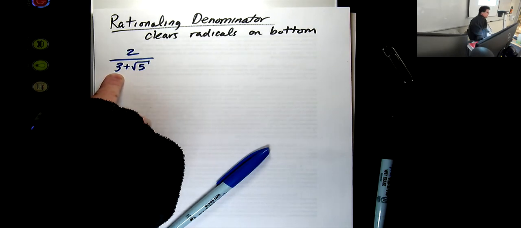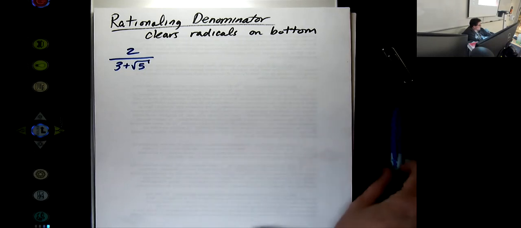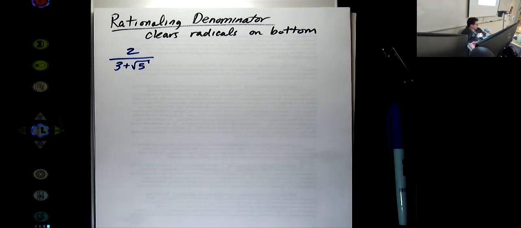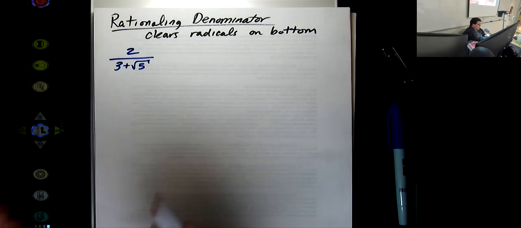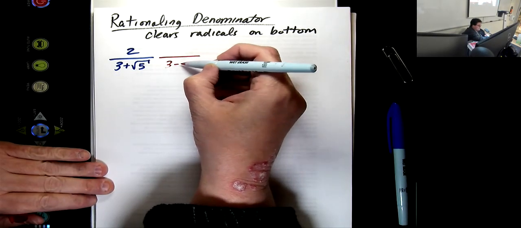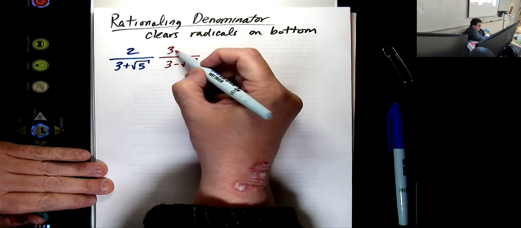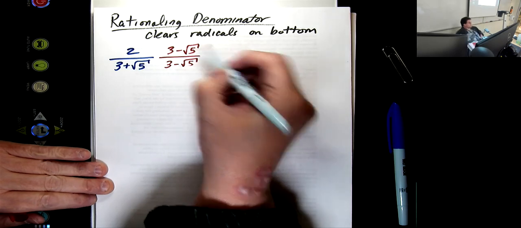So that doesn't help. There's one thing that gets rid of radicals in this situation, and we saw it with the very first thing we did in this little multiplying section. You use the conjugate. So you take the same thing and you just change the sign in the middle.